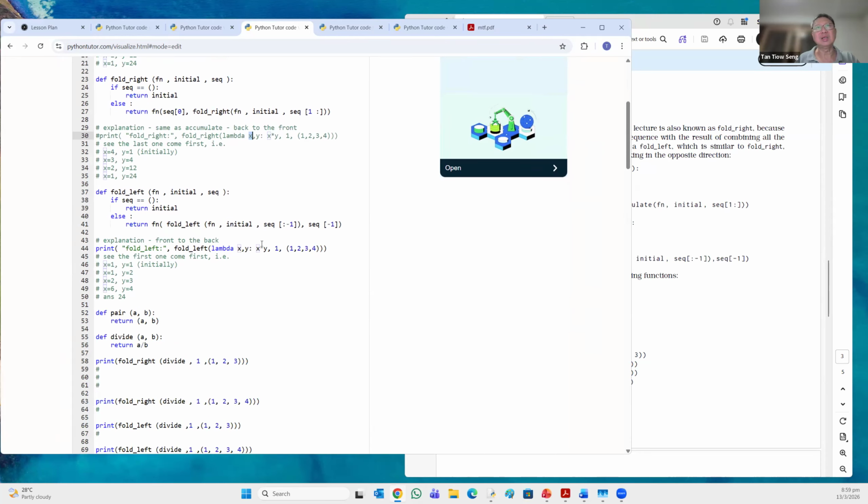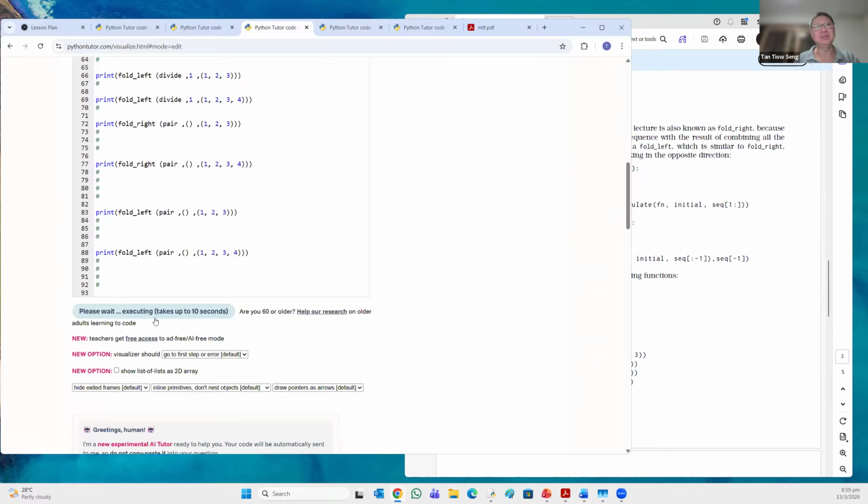Even though it's from the front to the back, the 1 is assigned to the x, 2 is assigned to the x, and 2 times 3 is 6, 6 is assigned to the x. Still the same, 1, 2, 3, 4 is here. Okay, let's see the 44.